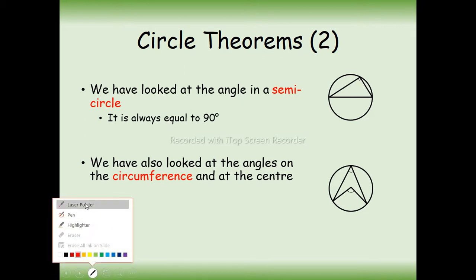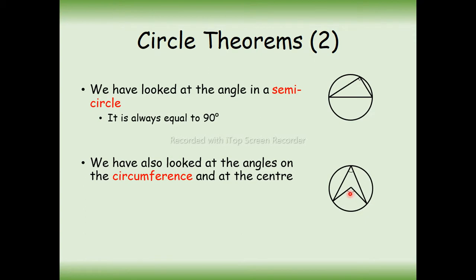Yesterday we learned that this one is the angle at the center, this one is the angle at the edge, and the angle at the center is twice the one at the edge. In other words, if this angle is 30, this angle would be 15. If this angle is 20, this angle would be 10. If this angle is 50, this angle would be 25.